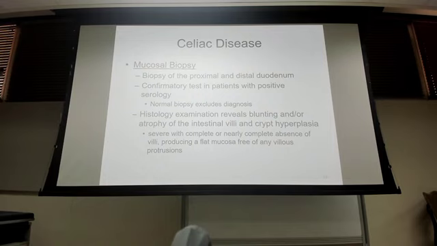So serology first, and then we're going to go for the gold standard: biopsy in the upper small intestine, the duodenal biopsy during endoscopy. That's the confirmatory test, confirming the serological antibody result. I would know that.